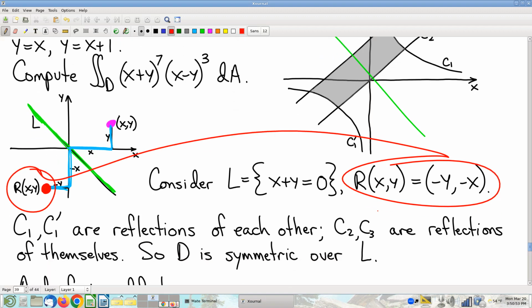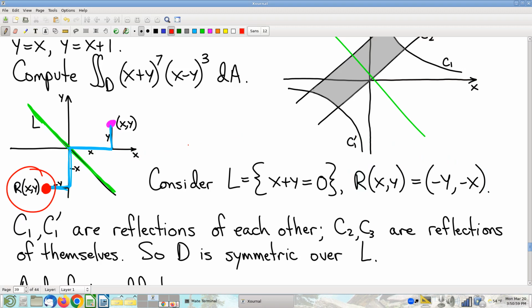How we doing? Yep. Okay, so let's look at this line segment right here in yellow. Now that's at a 45 degree angle from my reflection line here. And so when I reflect it, this is going to be a 45 degree angle as well. And that makes this a right angle.